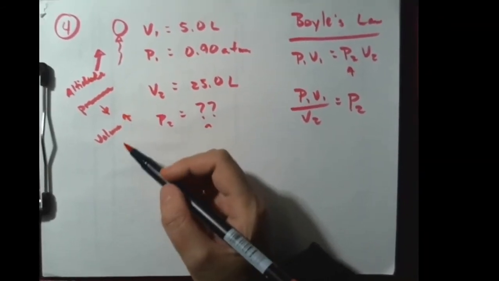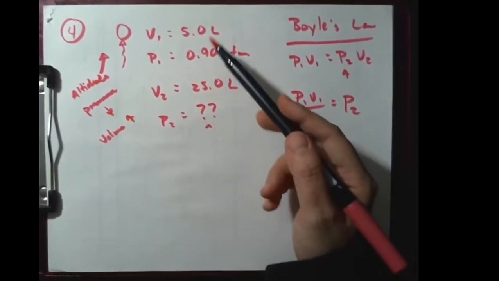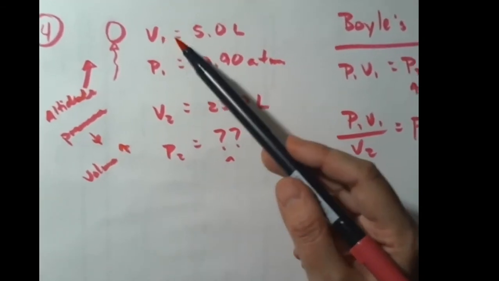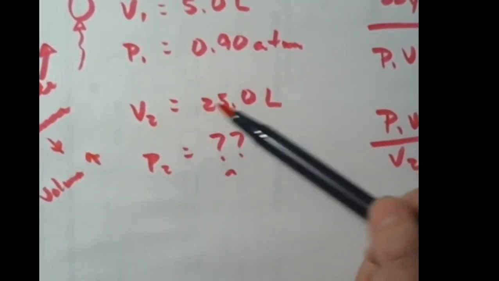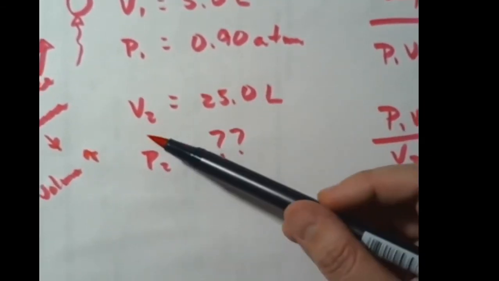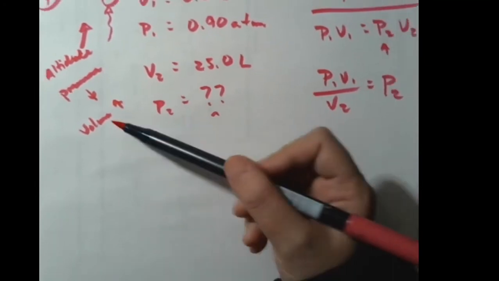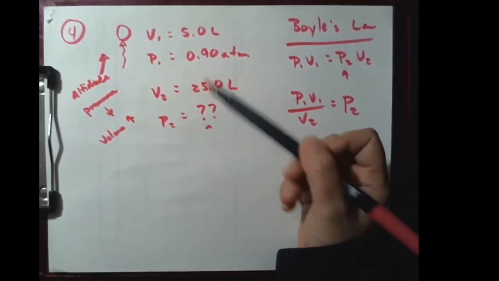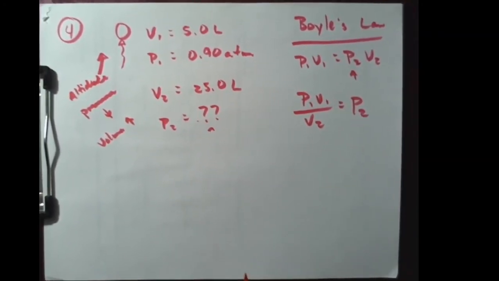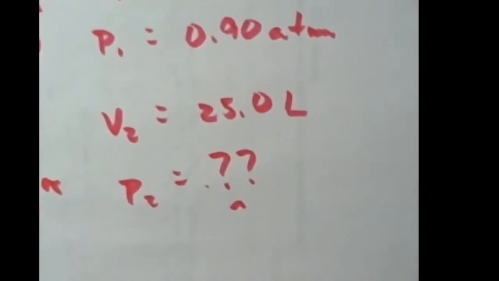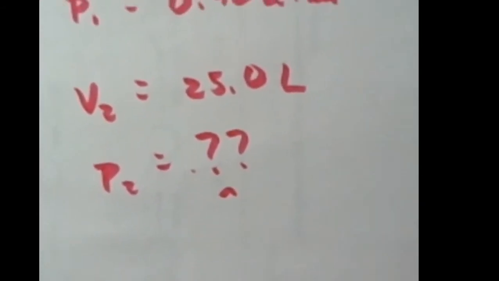So as pressure decreases, volume increases. So from here you can see that our initial volume was 5, and our final volume goes up to 25. So with that in mind, since our volume went up, that means our pressure went down. That's our prediction. So we're going to have to test this.